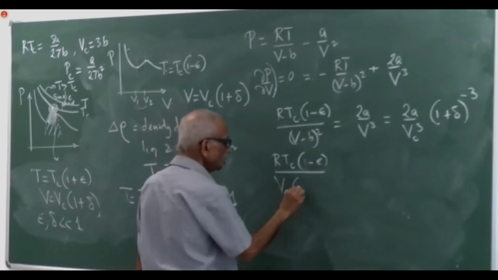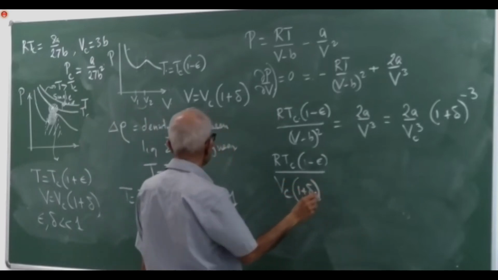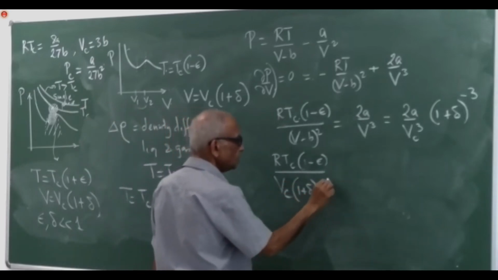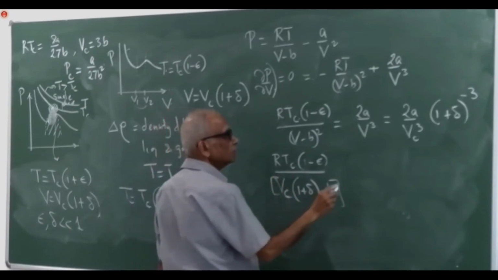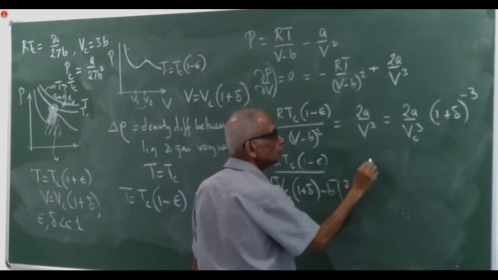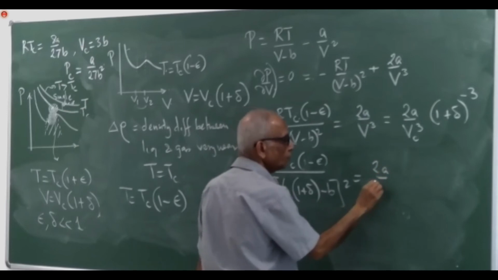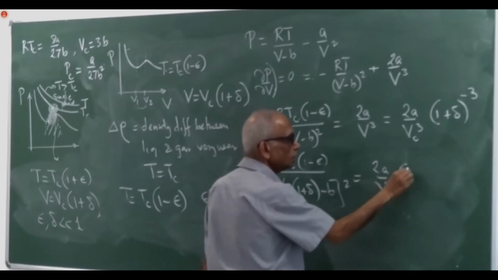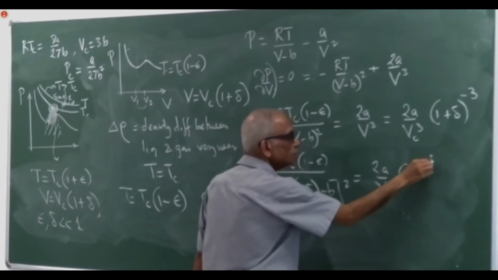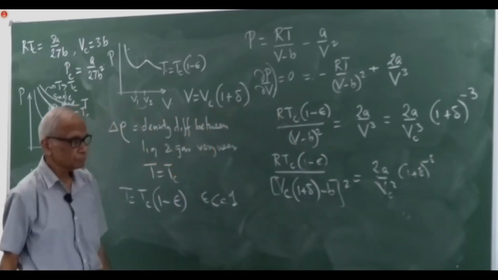So Vc into 1 plus delta minus B whole square, that is equal to 2A over Vc cubed into 1 plus delta to the power minus 3.